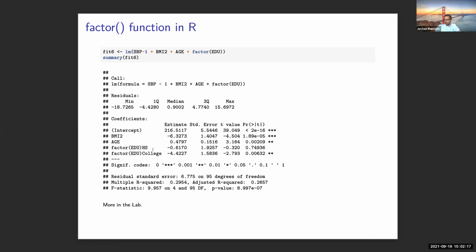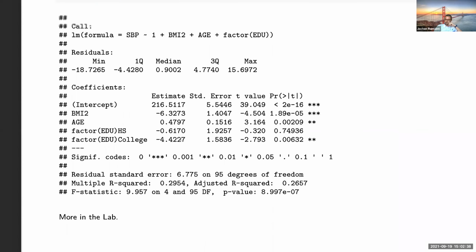And we will also do this in the lab. The factor allows you to create factors for each level of what you're using it for, and then you don't need to create dummy variables, which is very nice because that allows you to bypass the need to create dummy variables.